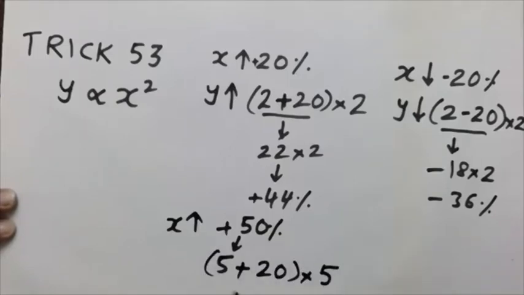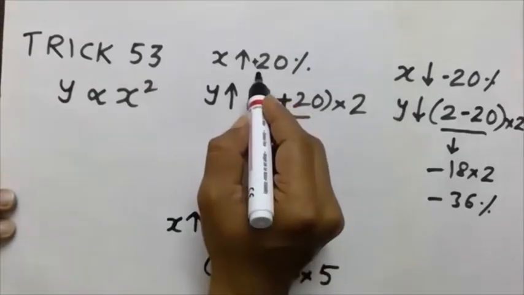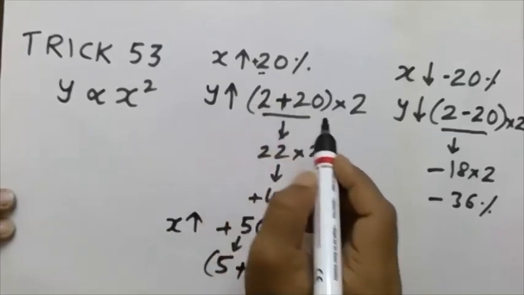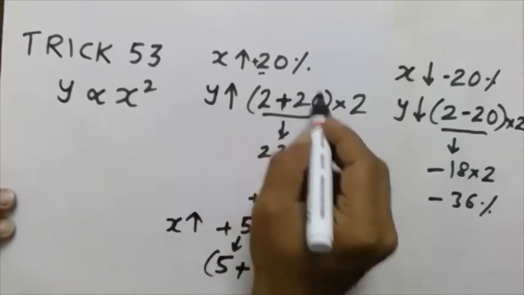So what we did here: seeing this 50 here, this 5 plus 20 into the same 5. Here what we did in the 20, here what is there? 2. 2 plus 20. 20 is common here and here.